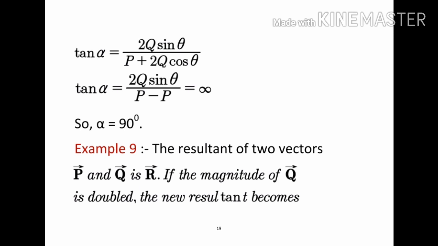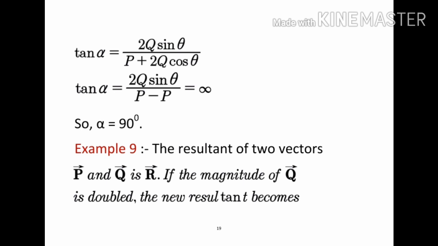And from the first equation, we can get 2q cos theta is equal to minus p. Therefore, tan alpha is equal to 2q sin theta by p minus p, that is equal to infinity. So that means alpha is equal to 90 degrees. Alpha means the angle made by the new resultant with p bar.